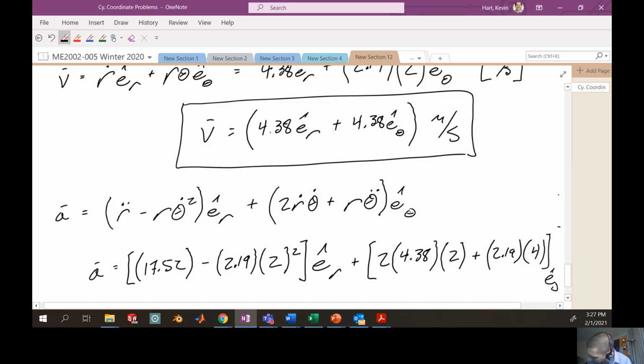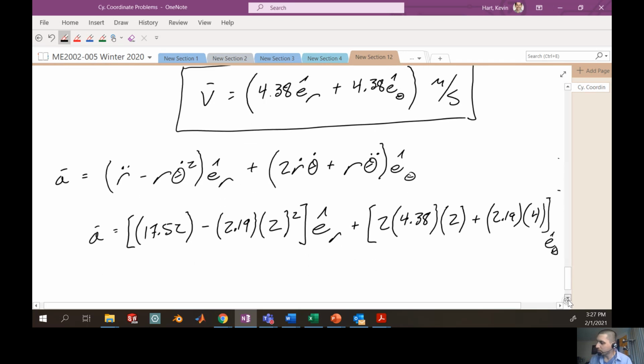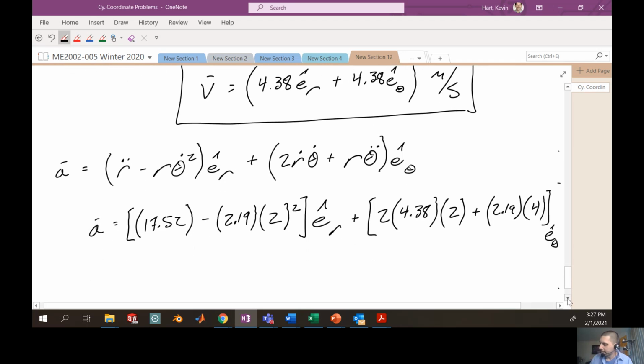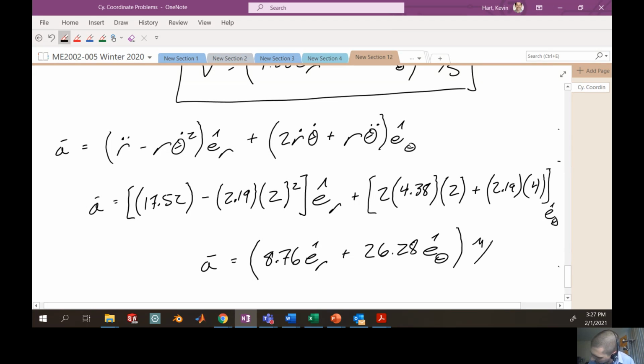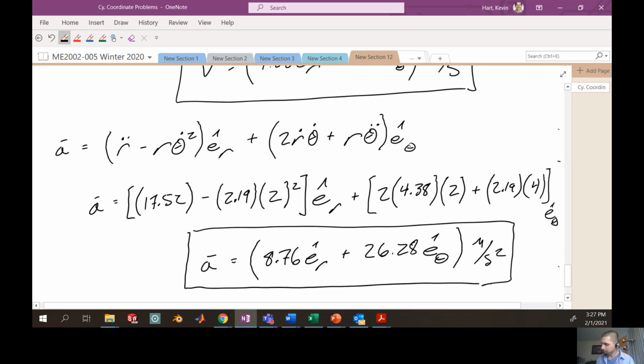All this in e hat theta. Run out of room there. So at this particular snapshot, the acceleration after plugging everything in and calculating this is going to be 8.76 e hat r plus 26.28 e hat theta meters per second squared. And there's my acceleration vector at this particular point.